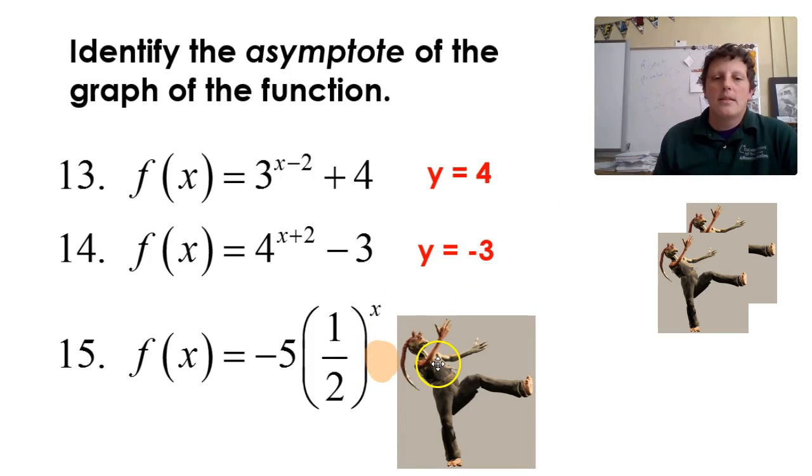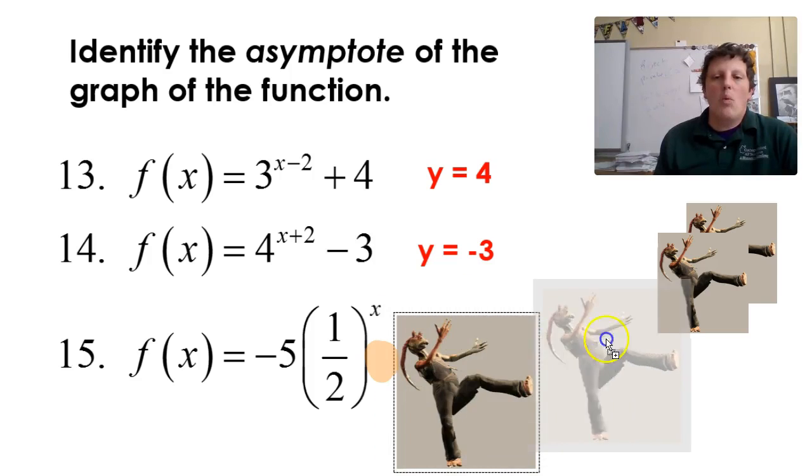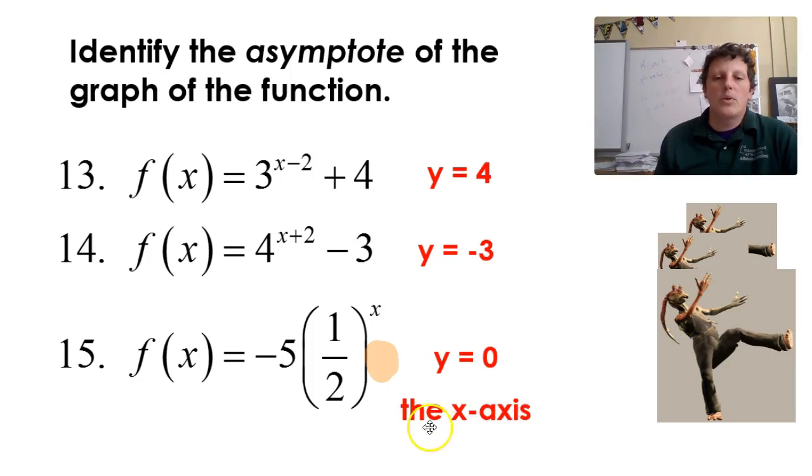Because of that, the asymptote is going to stay at y equals 0, which is also known as the x-axis. Notice we don't care if it shifts left or right in the exponent. That does not impact the asymptote. If it shifts left or right, it's still the same horizontal line. It's only going to move if it's up or down.